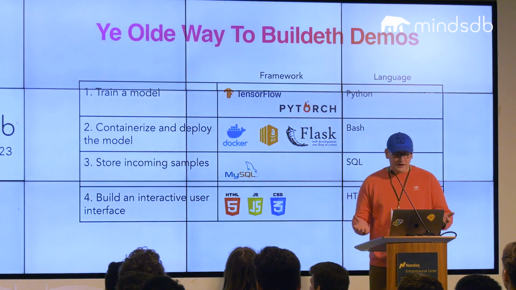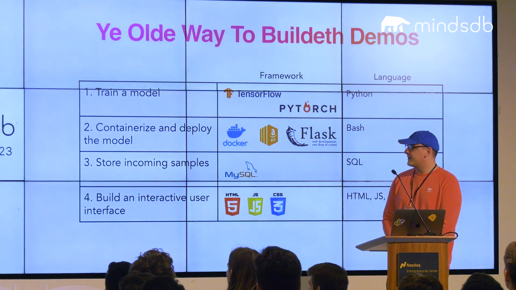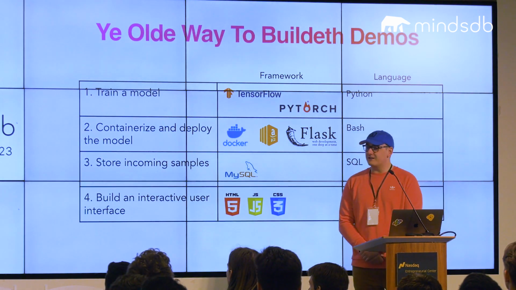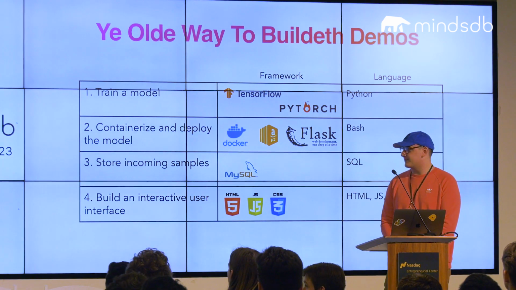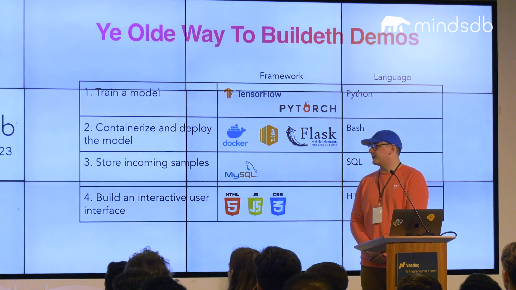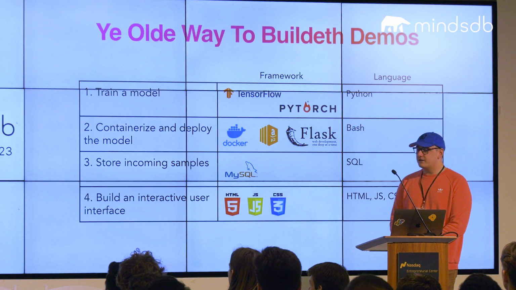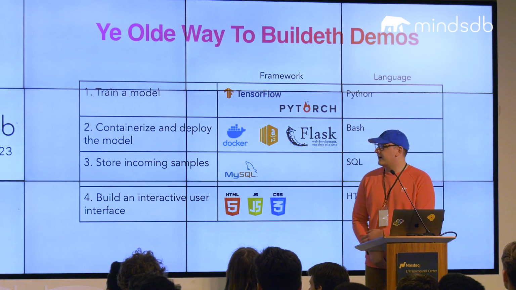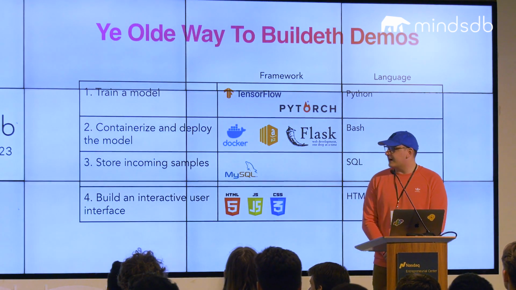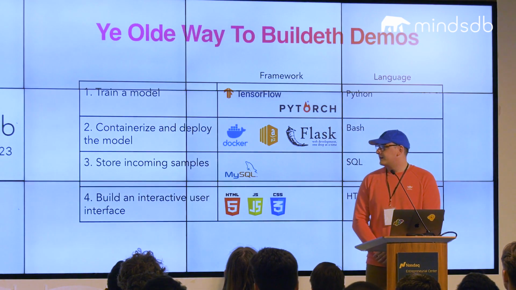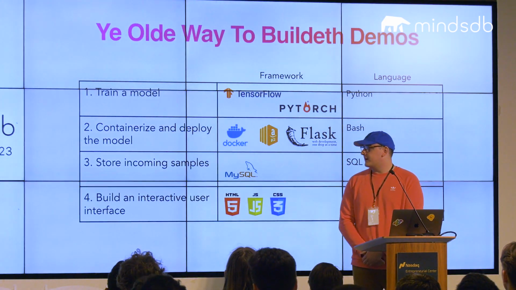So the old way to build demos was you would be training your model in PyTorch or TensorFlow or scikit-learn or something, and then you would need to containerize and deploy the model using Docker, Flask, maybe some sort of cloud thing.